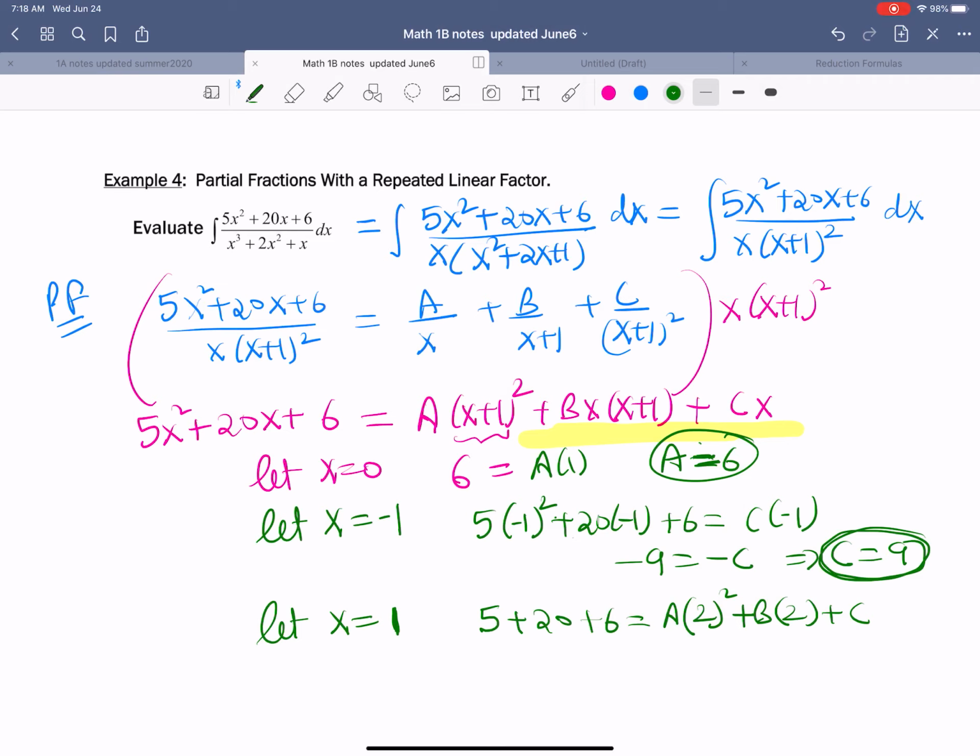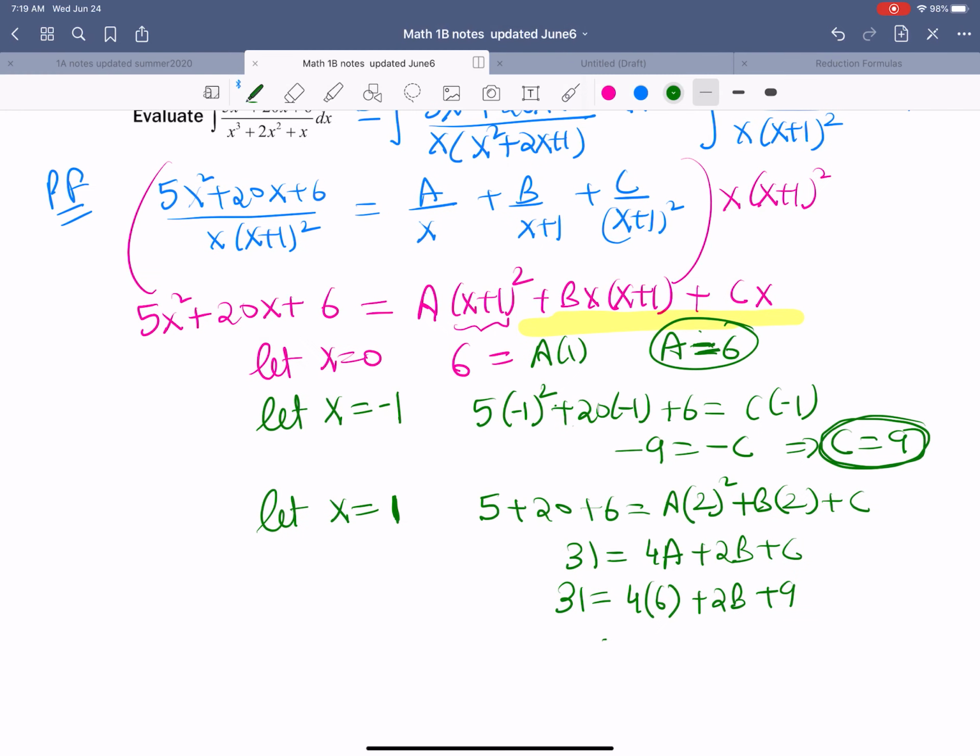So that's 31 equal to 4a plus 2b plus c. Let us replace the a by 6 and c by 9. So 31 equals 24 plus 9 plus 2b. What is 24 plus 9? It is 33. 31 minus 33 is 2b.